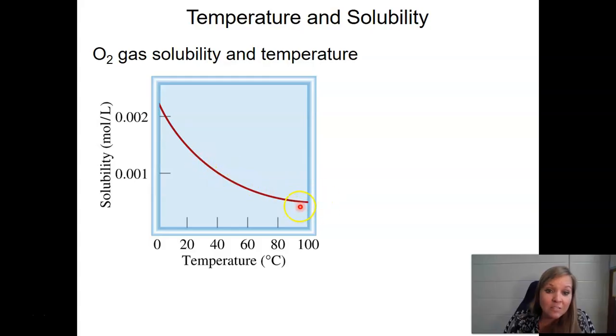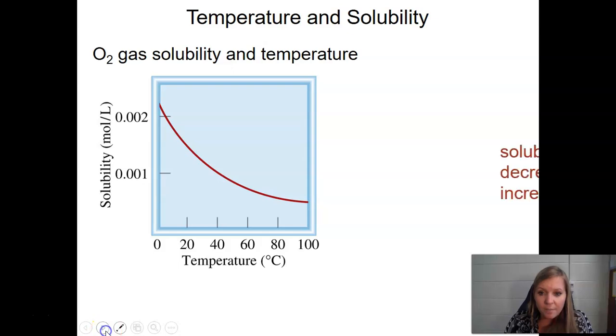That's the maximum amount that's soluble. If you were given a point below the line, that would mean that more substance could actually be dissolved, which would mean it's unsaturated. And if you were given something above the line, that means more substance is dissolved, which means that it would be supersaturated.